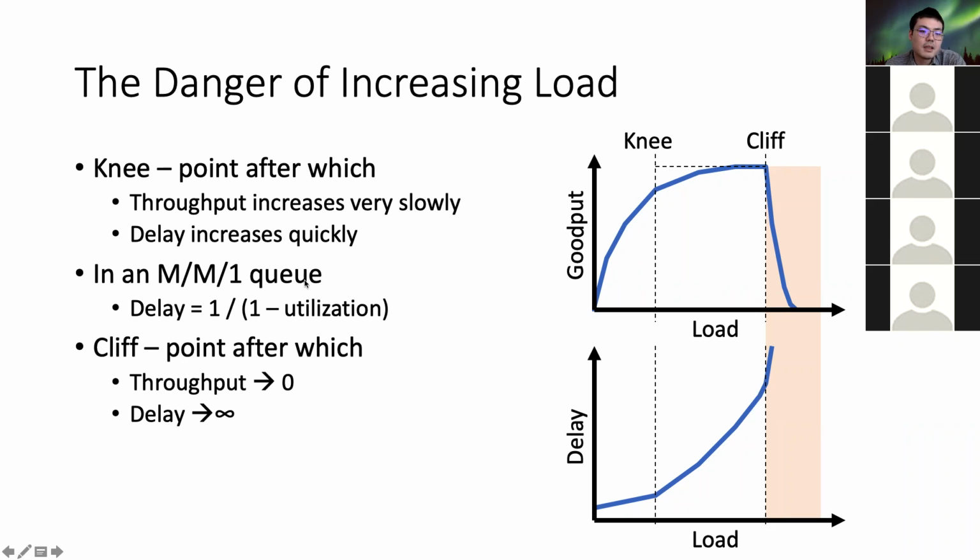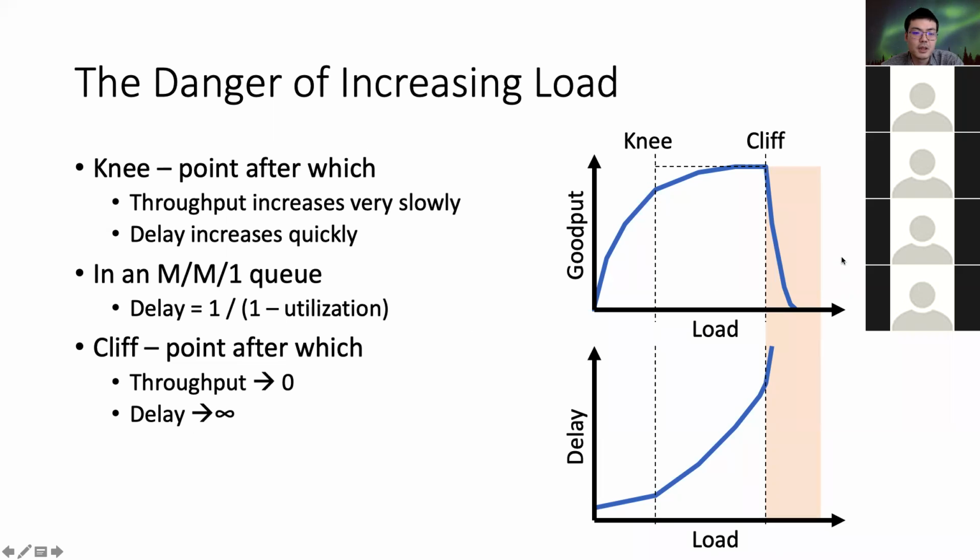This is based on queuing theory, the M/M/1 queue, where we have a formula like this: your delay is equal to 1 divided by 1 minus utilization. If your utilization is close to 100%, you are not over budget. Then your delay will go to 1 divided by 1 minus 1, almost infinity.